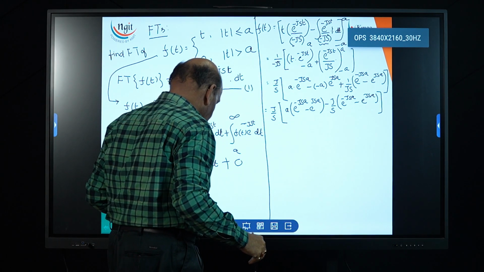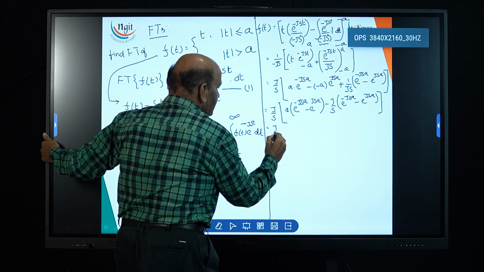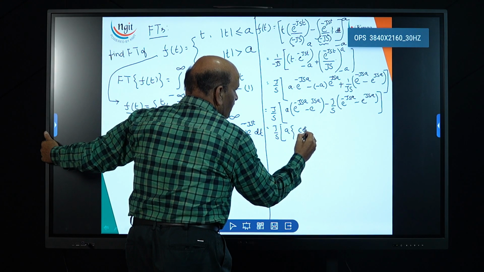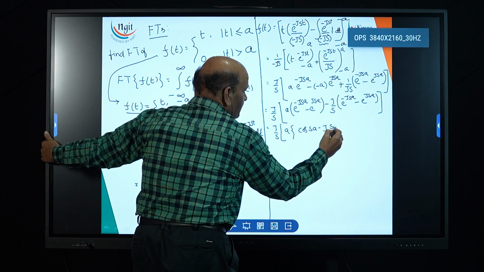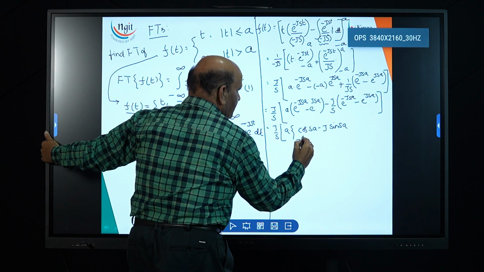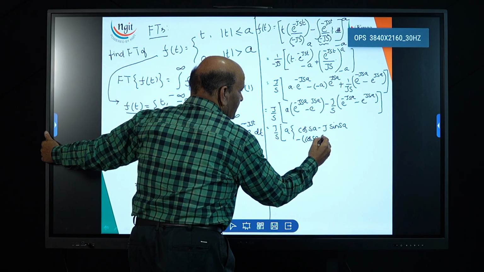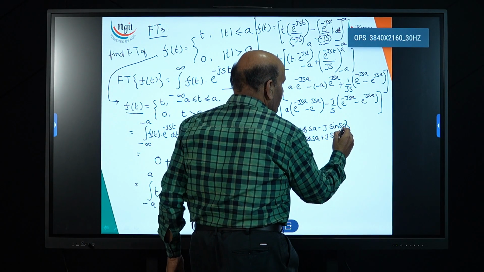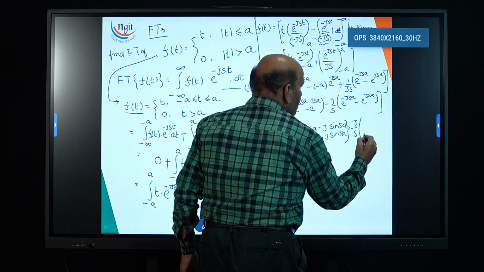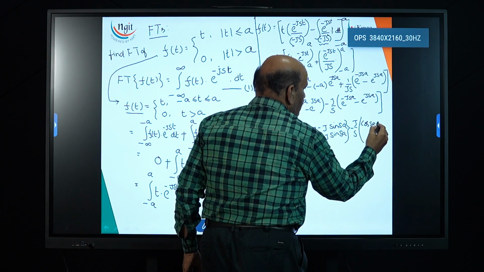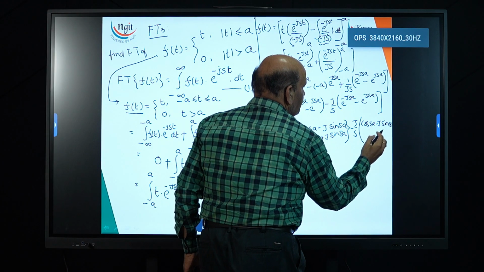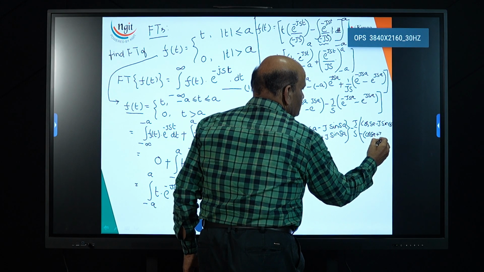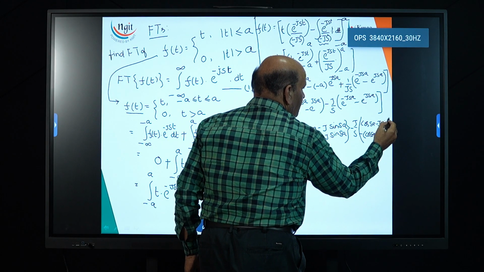Now just look at the simplification. j by s of a times e power i theta, that is equal to cos sa minus j sin sa. Next, minus of cos sa plus j sin sa. Similarly, minus j by s of cos sa minus j sin sa, minus of cos sa plus j sin sa.